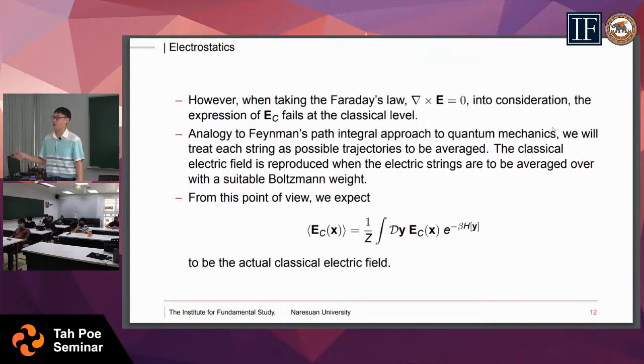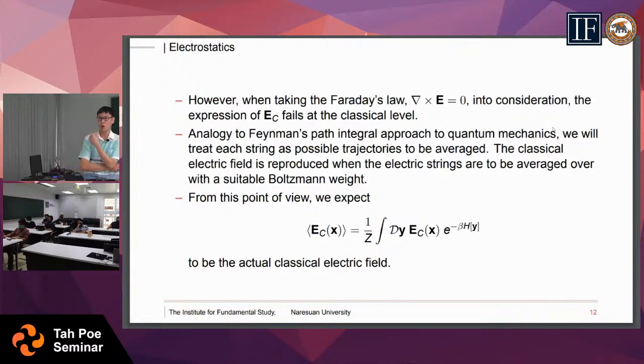But when you plug the string solution into this Faraday law, it fails. So that means that you cannot interpret that solution as a physical entity. But what should we do about that? How can we interpret it?